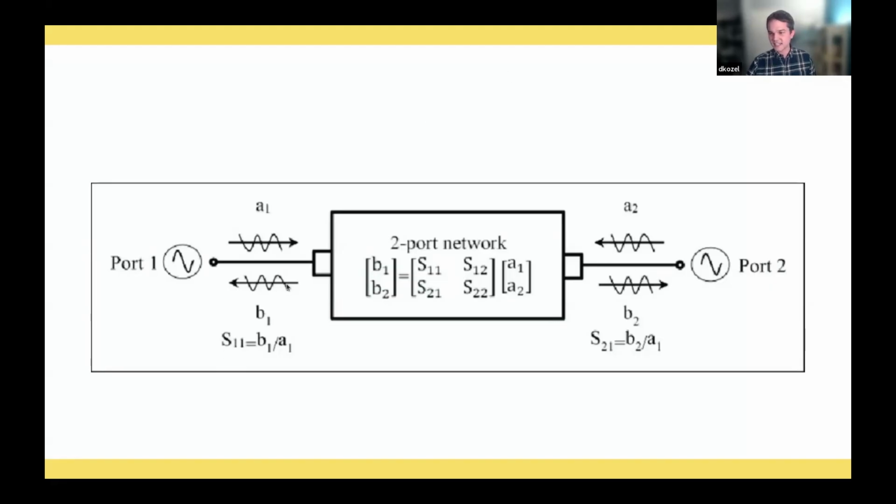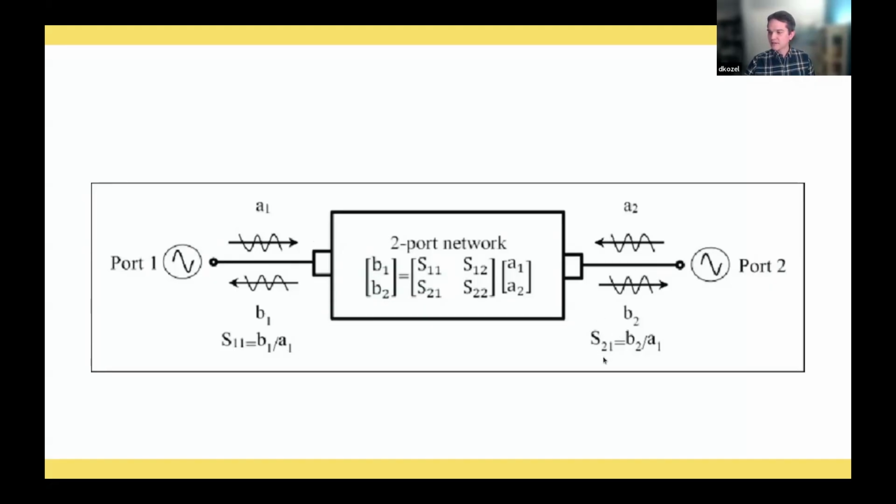So what is that? That's the return power, how much power is reflecting backwards from our input port, over how much is going in. So if B1 is very, very small, A1 is very large, S11 will be a very small value. We have a small value divided by a big one.